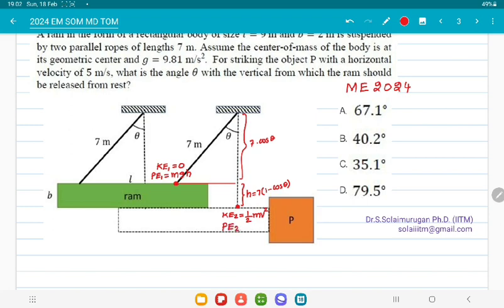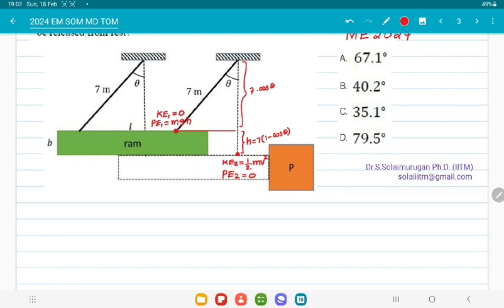So we know the initial kinetic energy, initial potential energy, final kinetic energy, final potential energy. So we can go for law of conservation of energy.